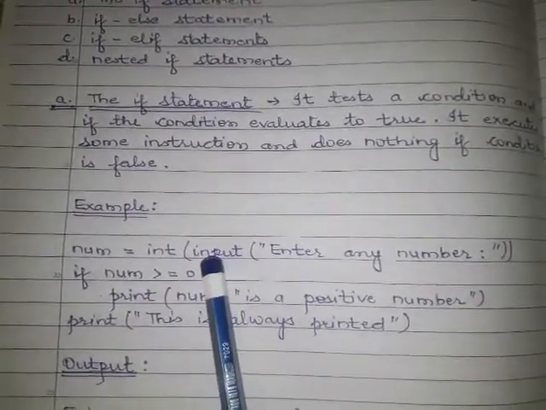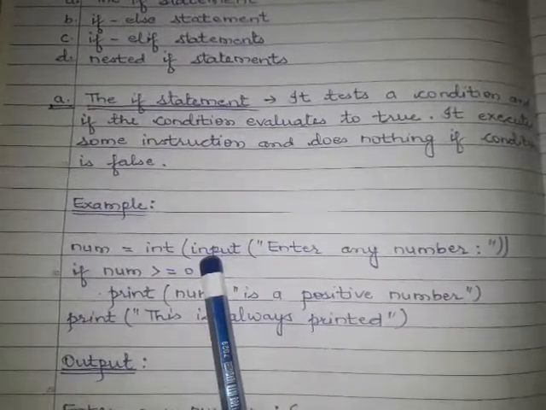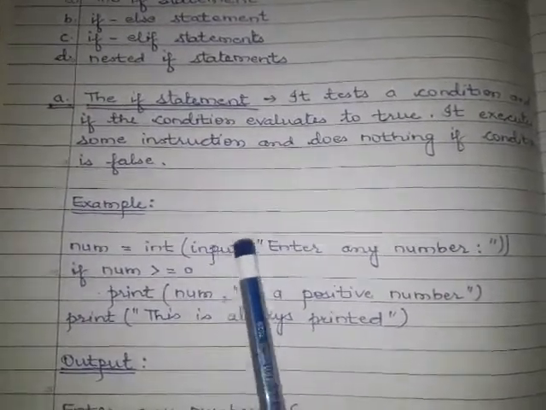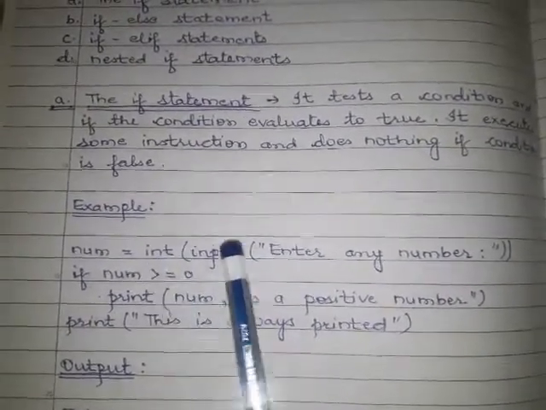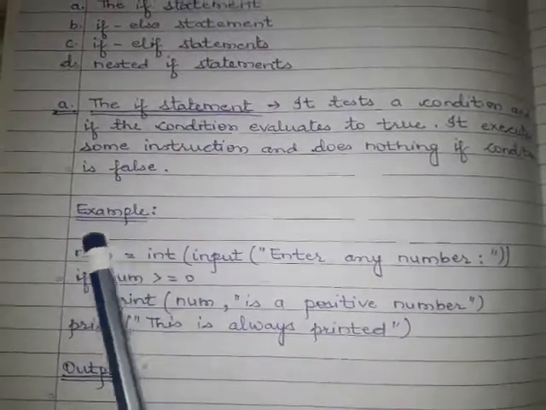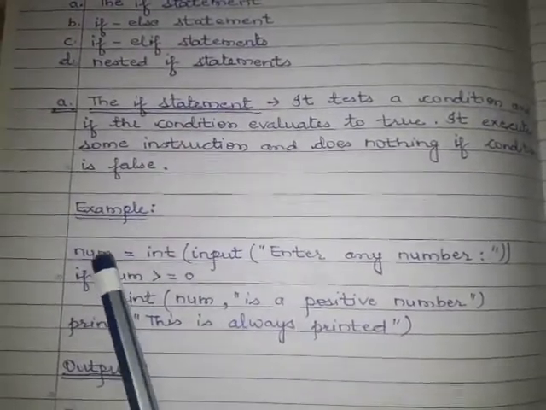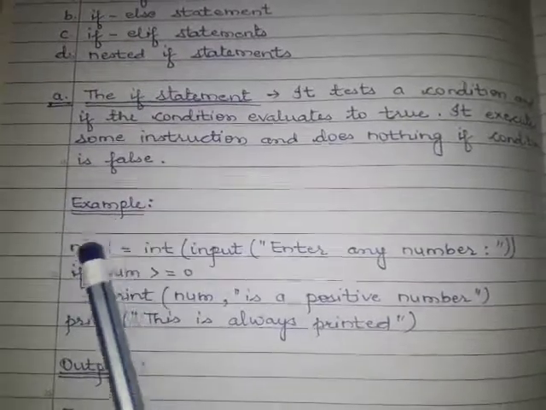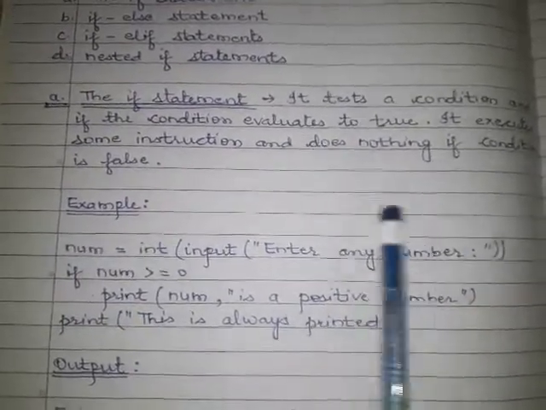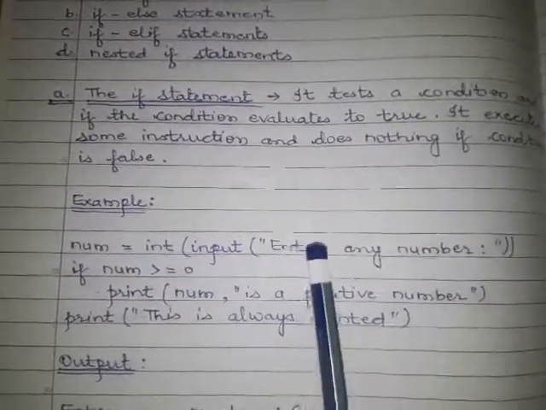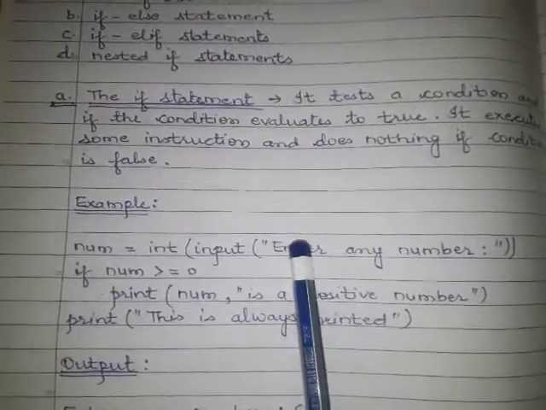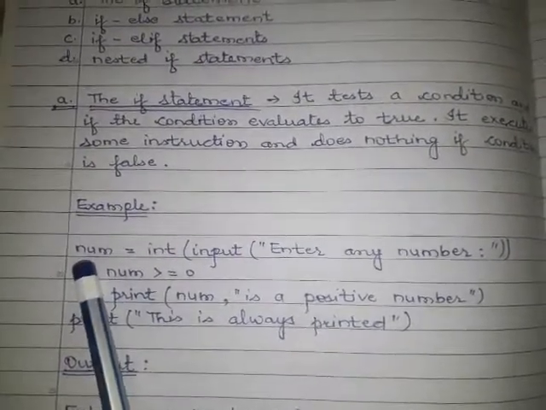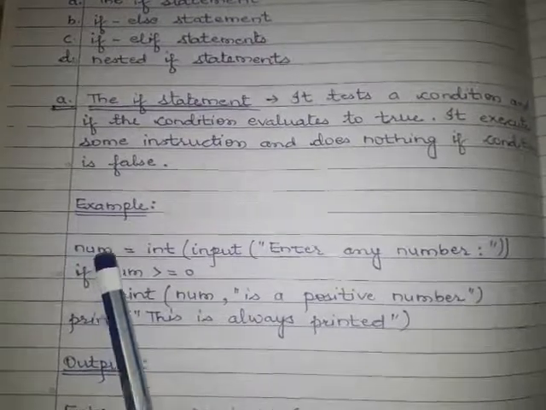The input method takes its argument in the form of a string, and this string is converted into an integer. So whatever value is stored in the variable num is of type integer. This is the input method syntax. Now with the help of this statement, the user can give a value in the form of an integer.